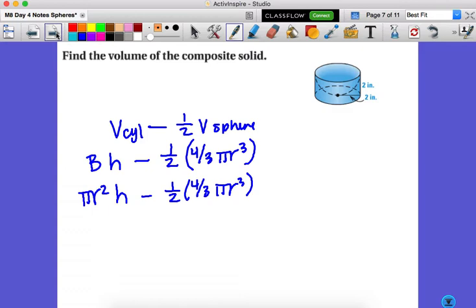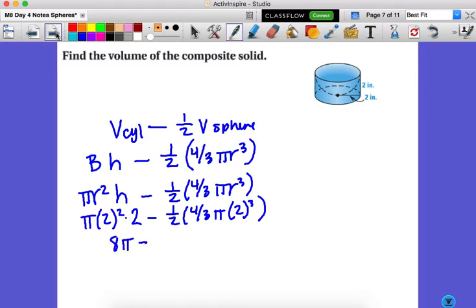My radius and height are both 2, so that makes my life pretty easy. 2 squared times 2 minus half of 4/3 pi times 2 cubed. Again, they do not ask me to leave this in terms of pi, so I don't have to. But if we would like to leave it in that format just for practice, 2 squared times 2 is going to give me 8 pi.